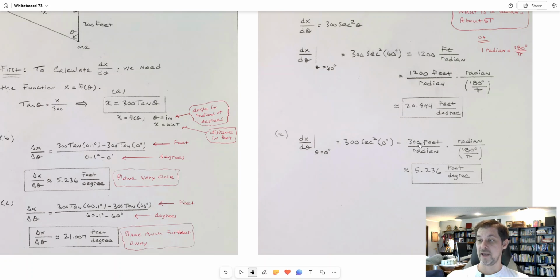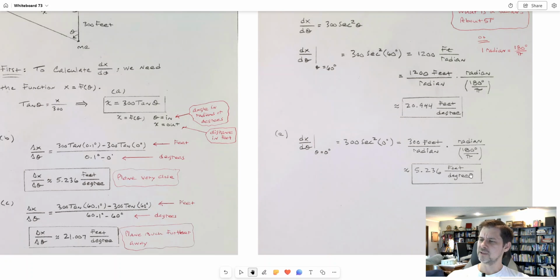That's my answer, but my units will be feet per radian, unless you convert. So I get 300 feet per radian. I convert to feet per degree and get 5.236 feet per degree. Then there they are, exactly the same.